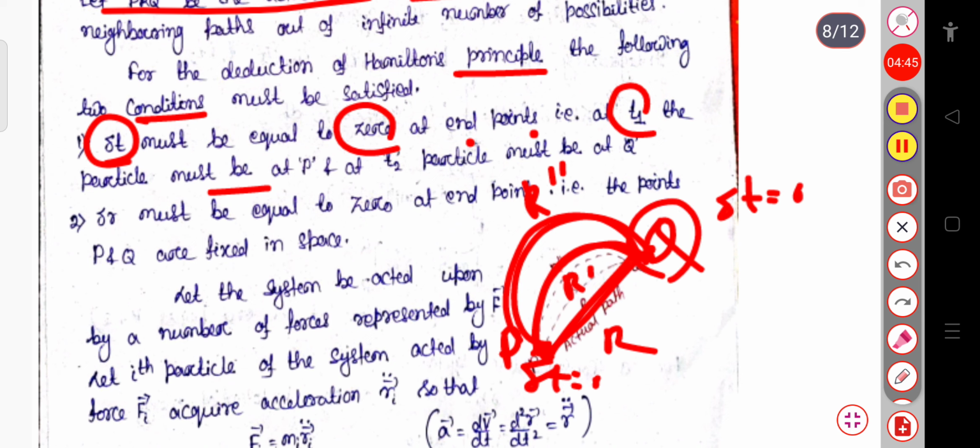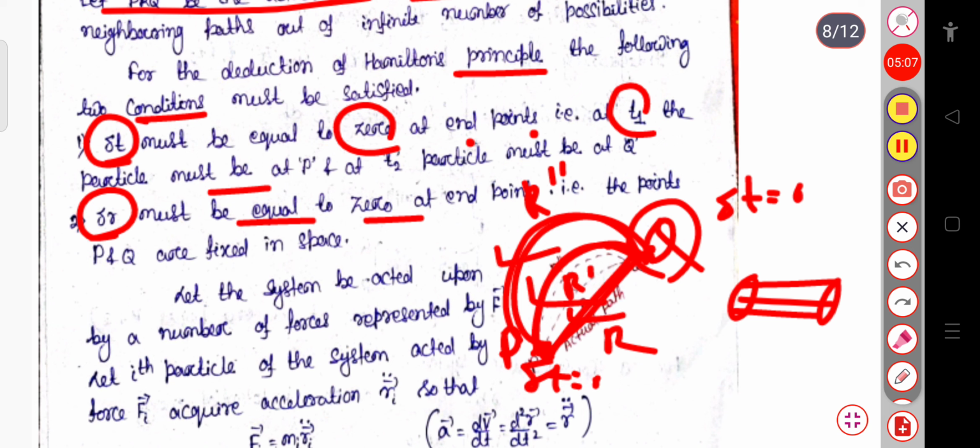And the second condition is that delta r must be equal to 0 at the points P and Q. Here there will be no difference between the paths at the end points. Since delta r equal to 0, you can choose any of these paths, you will always get delta r equal to 0 at the point P, and also delta r equal to 0 at the point Q.